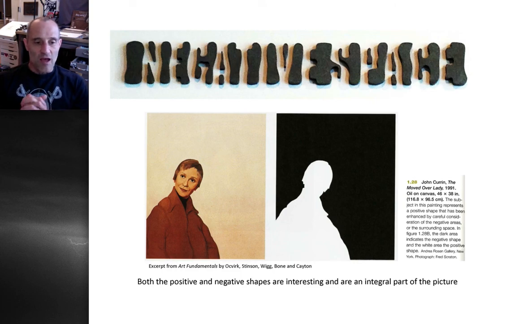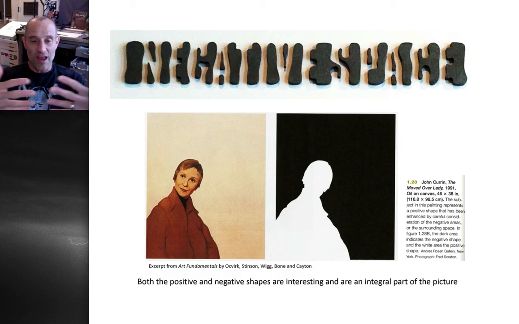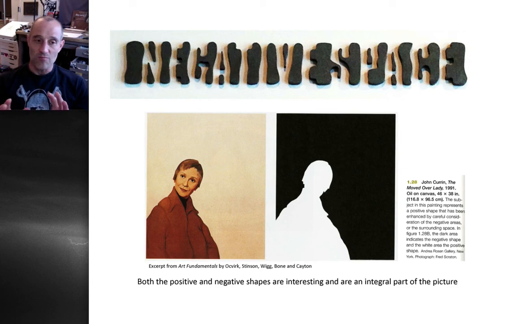This painting by John Curran, I think, is a really great example of how negative space can be an integral and active part of your picture without needing a lot. You can see it's fairly empty. We get maybe a subtle shift from light to dark in the picture plane, but that's about it. And Curran has curiously moved the figure off to the left side of our picture plane.